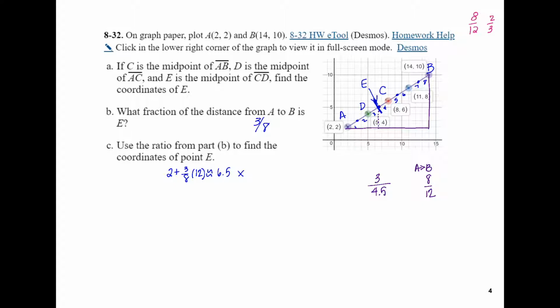We would take our y value, which is also 2, plus 3/8 of our y change, which is about 5. So we can see that our coordinate for point E would be at (6.5, 5).